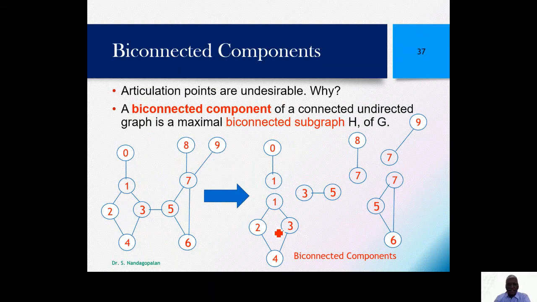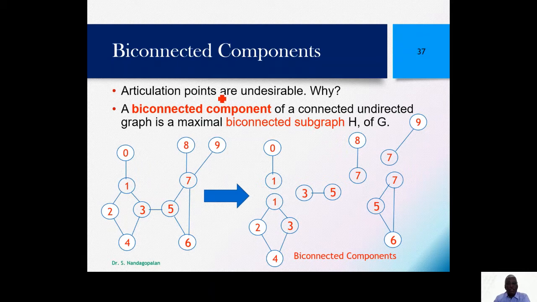Now coming to biconnected components. We have seen the articulation point, which is a vertex whose deletion, along with its associated edges, gives two or more connected components. The next point is the biconnected graph, which has no articulation point. Now coming to the biconnected component.